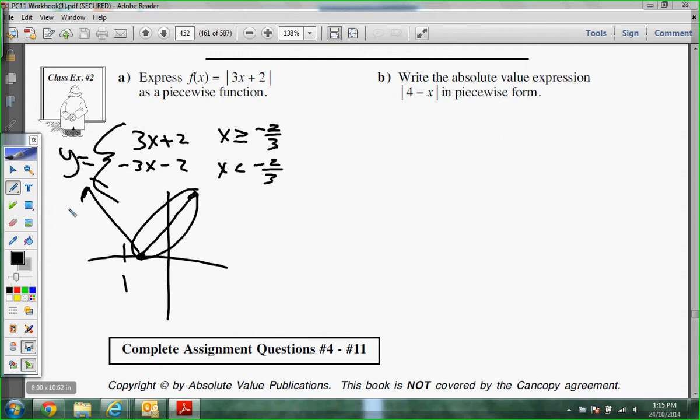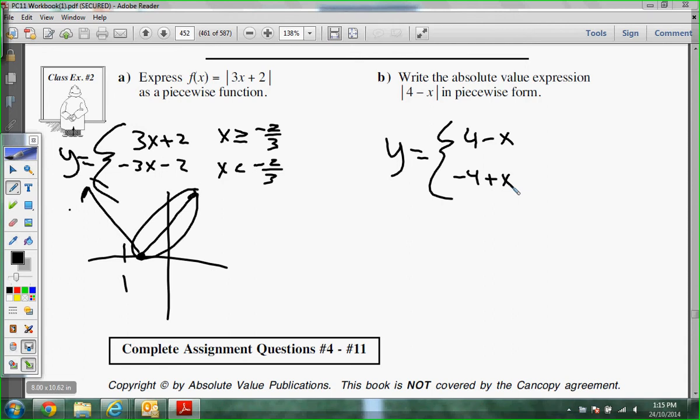Last one. Okay, so this one, I have y equals 4 minus x, and then a negative 4 plus x. Those are my two opposites of each other. So now on this one, Quinn, what makes that one 0?